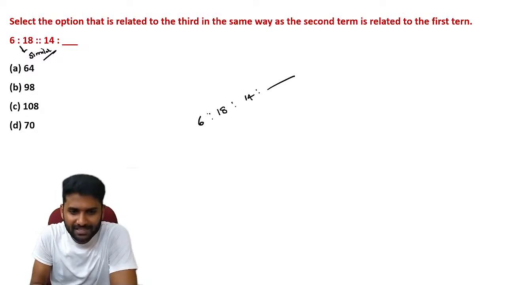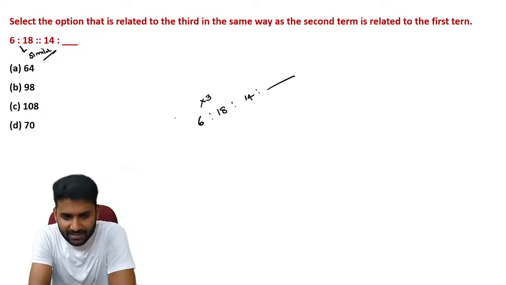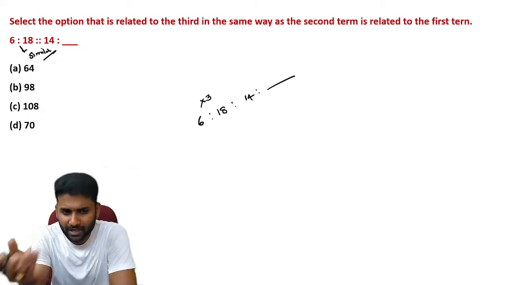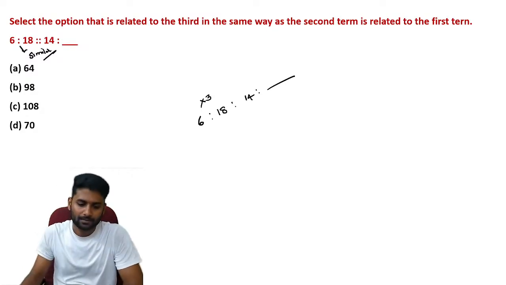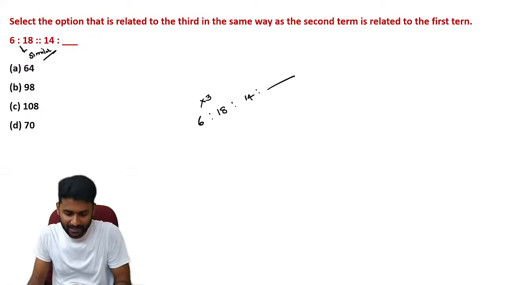You already know that 6 becomes 18, which means 6 is multiplied by 3. But according to that, can I go for 14 into 3, 42? But you can't see that option. So what is the logic here? What pattern do they follow for 6 to become 18?